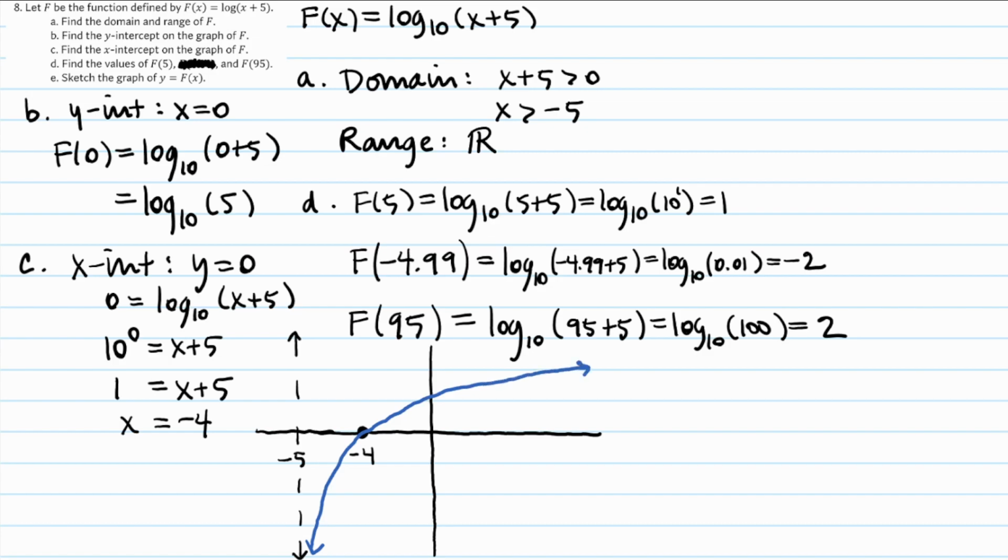That's to my liking. So I've got a positive y-intercept. It's going to happen at log base 10 of 5, which we said was approximately 0.699. And that's going to be our sketch. Let's move on.